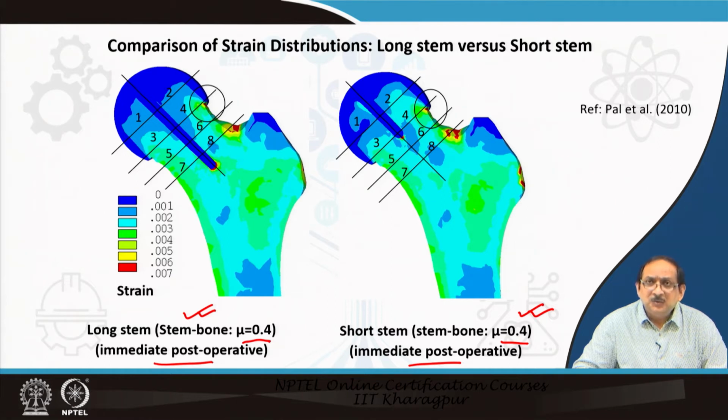It also generates less strain concentration if we consider the magnitude of the strain at the proximal femoral neck implant junction. The magnitude of the elevated strain is less in case of the short stem implant as compared to the long stem implant.